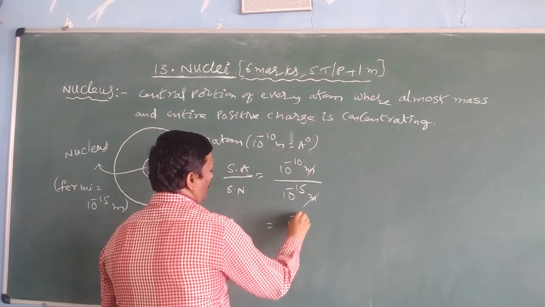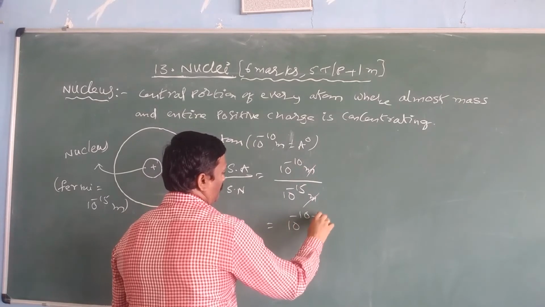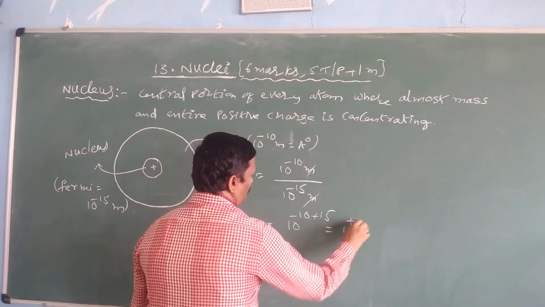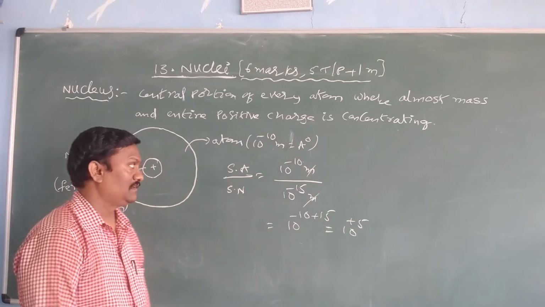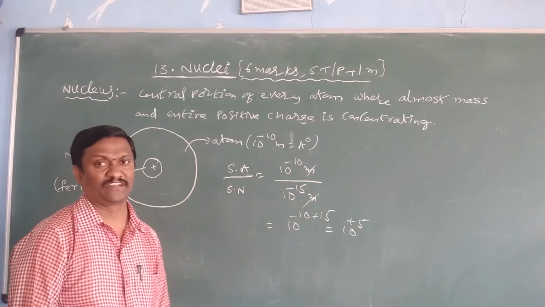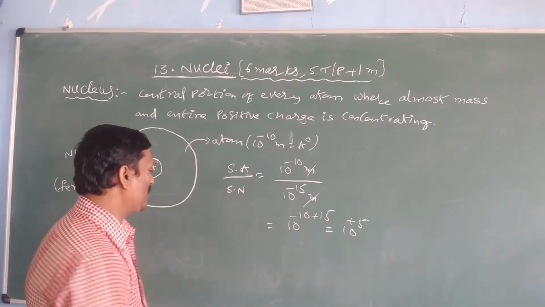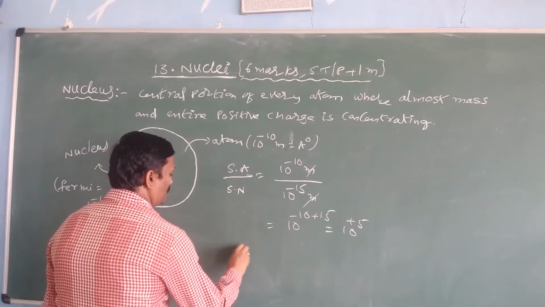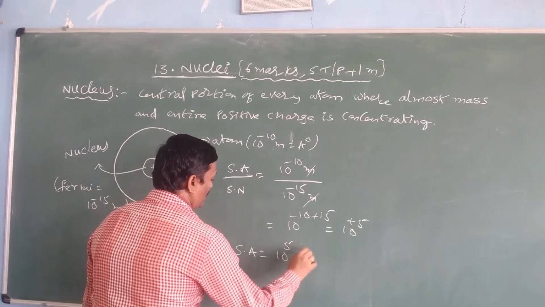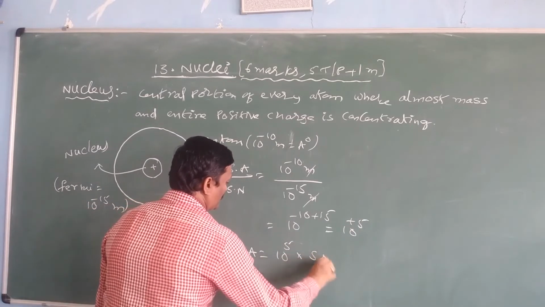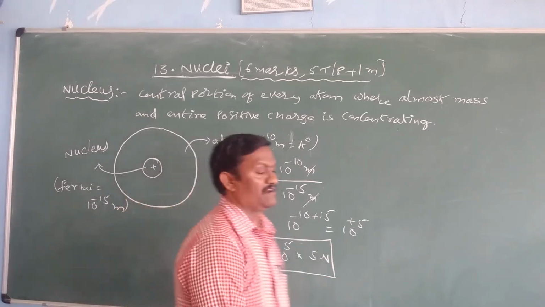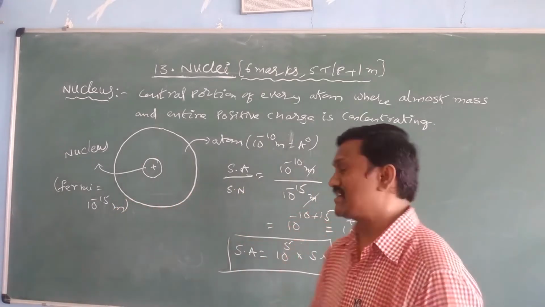So 10 power minus 10 plus 15 is equal to 10 power plus 5. So the ratio of the size of the atom to the size of the nucleus is 10 power 5 times. Or, cross multiplying, the size of the atom is 10 power 5 times the size of the nucleus.